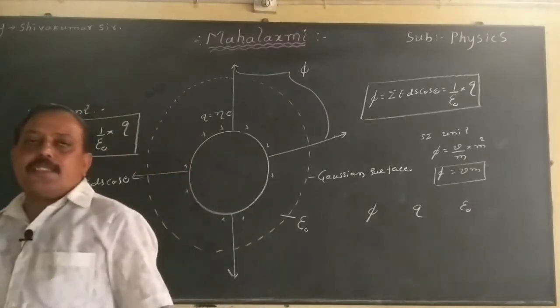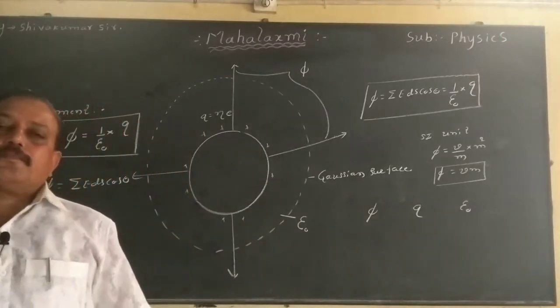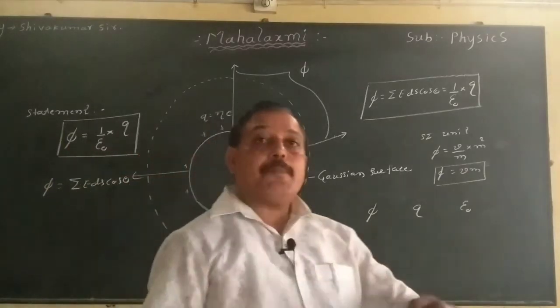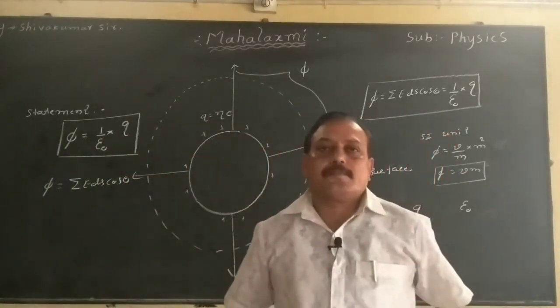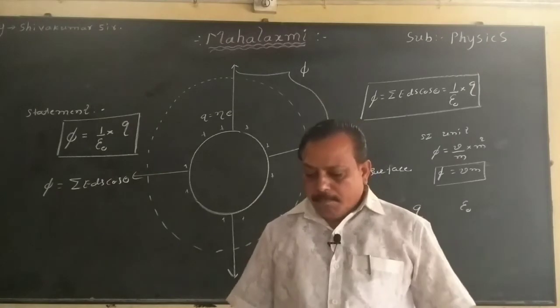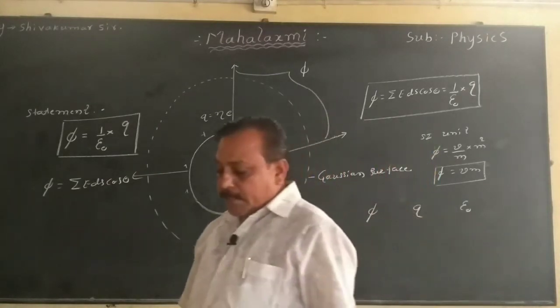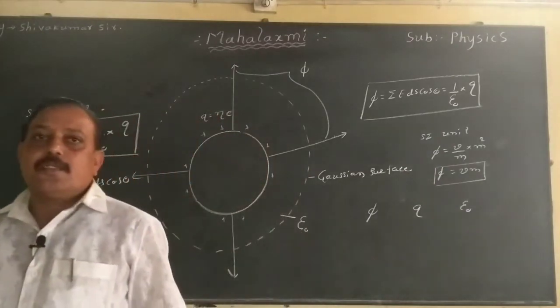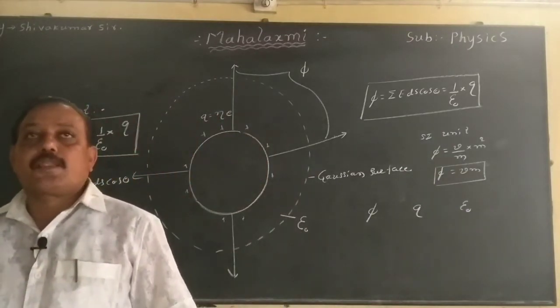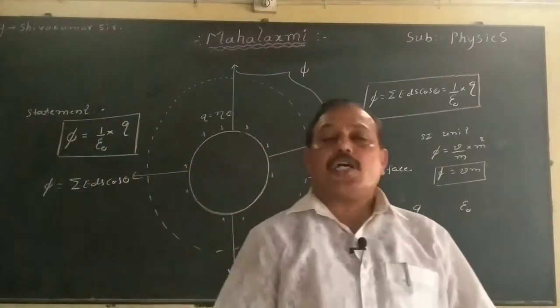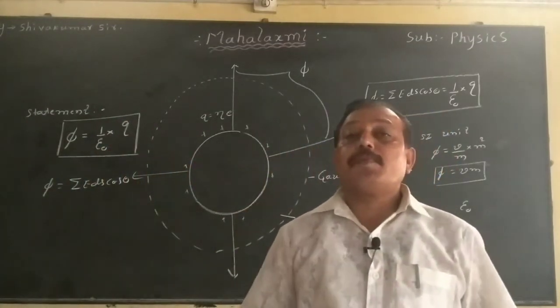Now after having this Gauss theorem statement, we come across its application. That is the important factor. By using this Gauss theorem, we had the electric field calculation for the linear conductor, plane sheet, and the charge distribution on the surface of the spherical conductor.